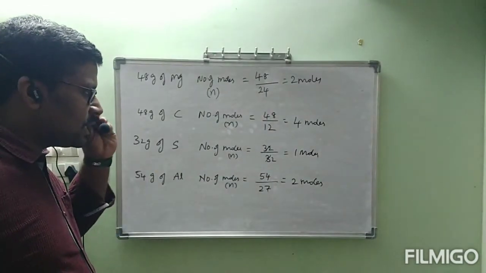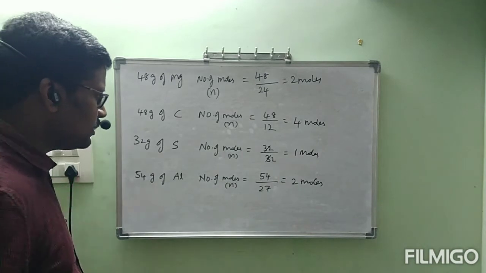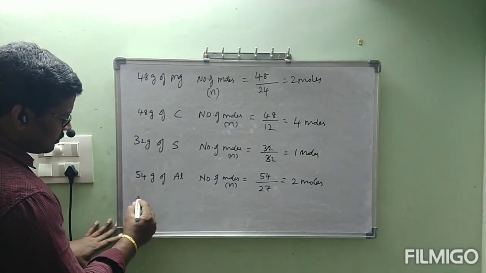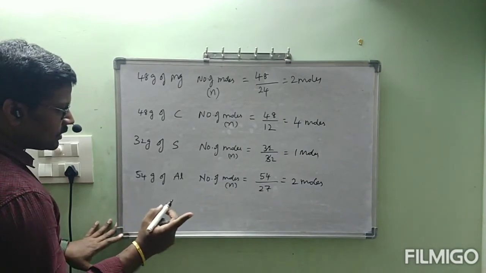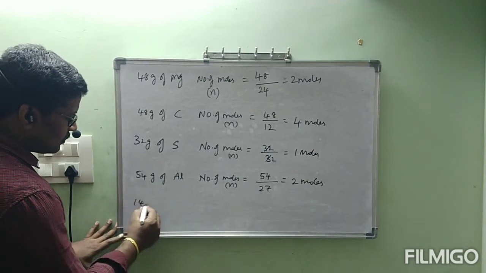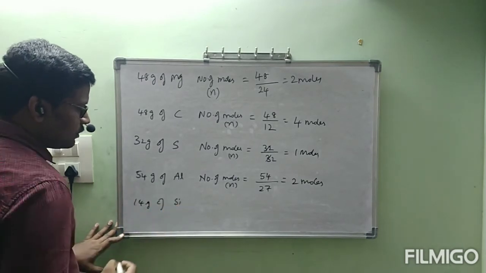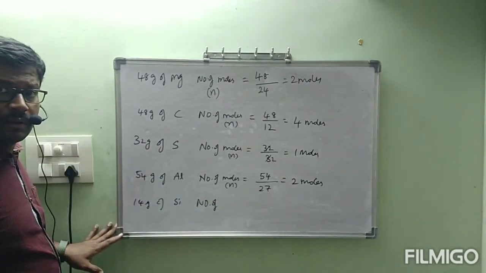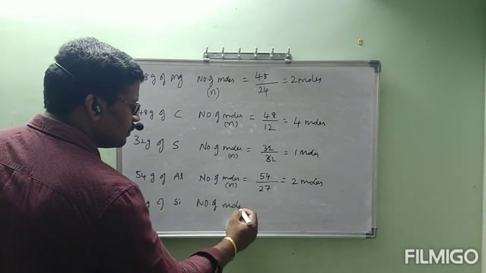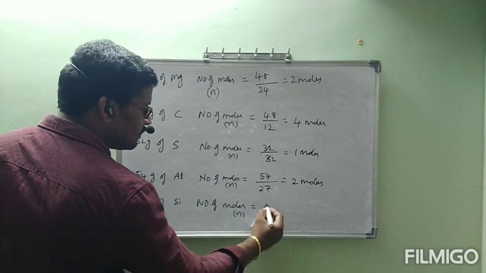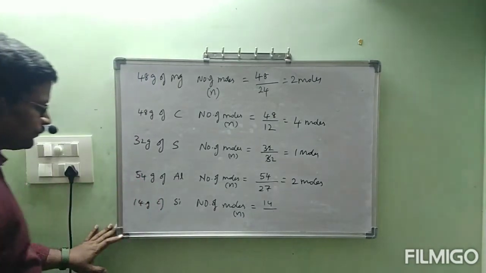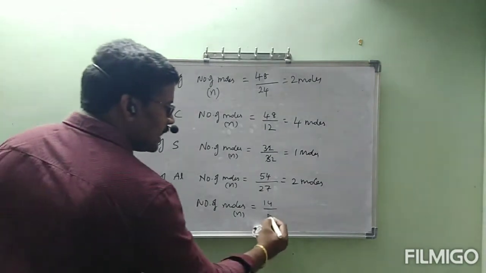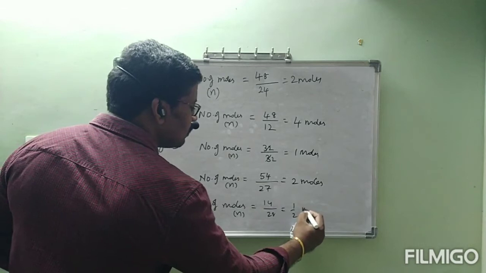Okay, see, continuation of this. Next, one more element we will see, that is silicon. Silicon 28, 14 grams of silicon. Number of moles is equal to given mass 14 divided by gram atomic weight of silicon 28 grams. 14 by 28 is equal to half mole.